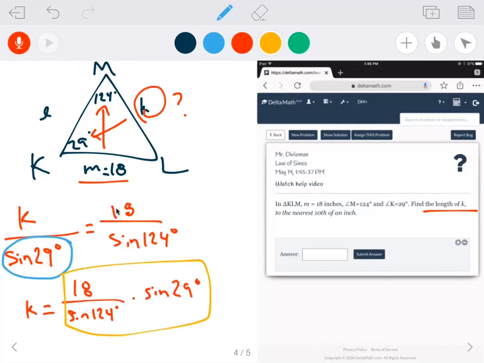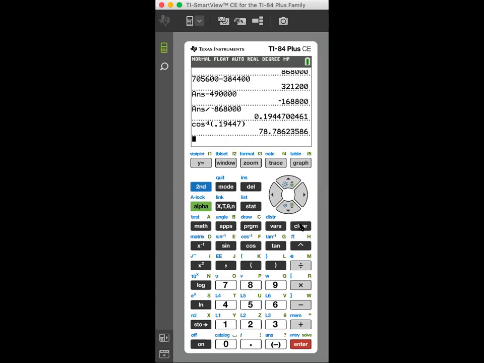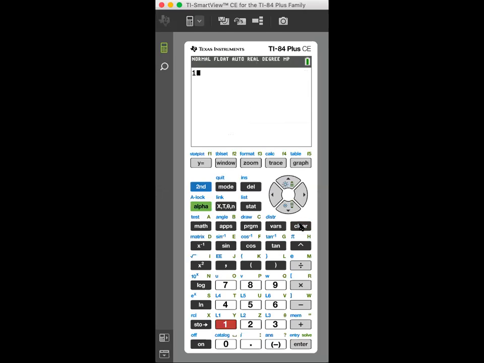So let's go to the calculator. Let's clear this old work. And we've got 18 divided by, actually I'm going to put parentheses, 18 divided by the sine of 124. Make sure you have proper parentheses. And then we're going to multiply by the sine of 29 degrees. And this will give us our side length, and it is 10.526.